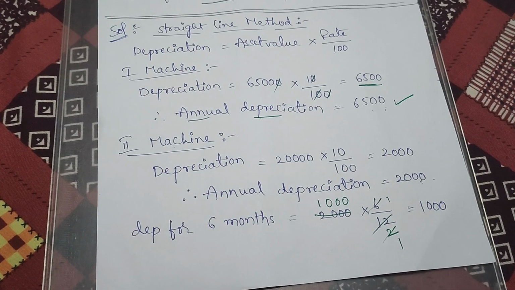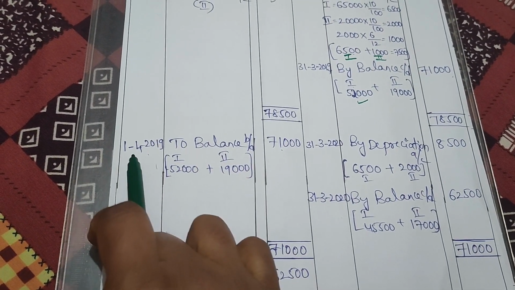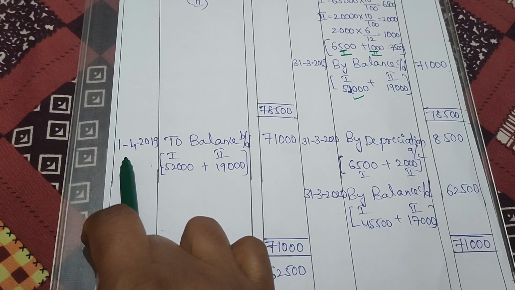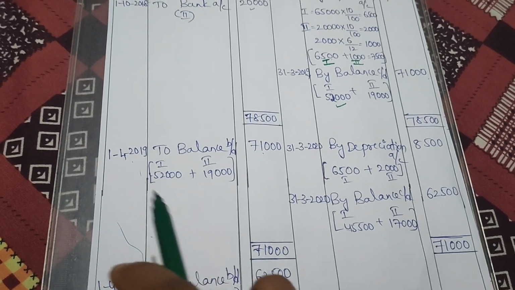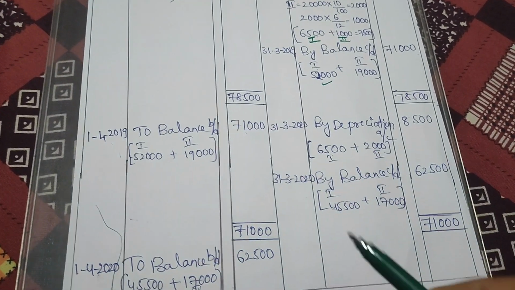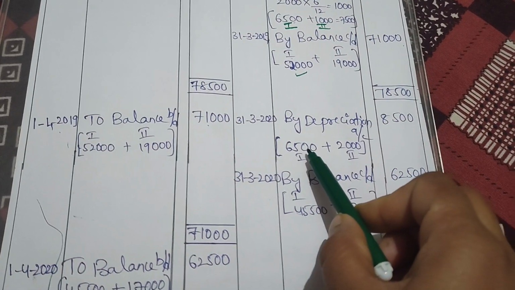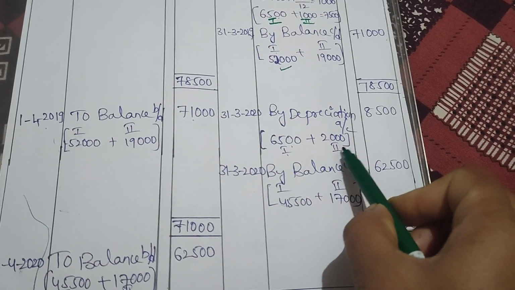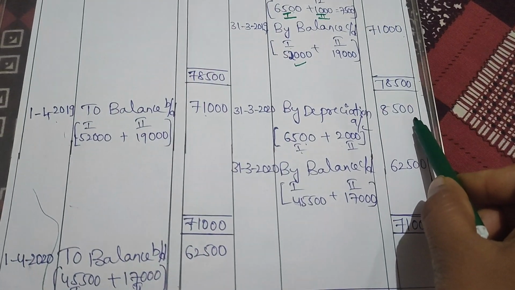We should take these two only because 2 machines are there in the business from the opening day, from 1st April. So both are used for 12 months. So we should calculate depreciation for 1 year. That is why we have taken 6,500 for first machine, 2,000 for second machine. If we add these two, we will get 8,500.